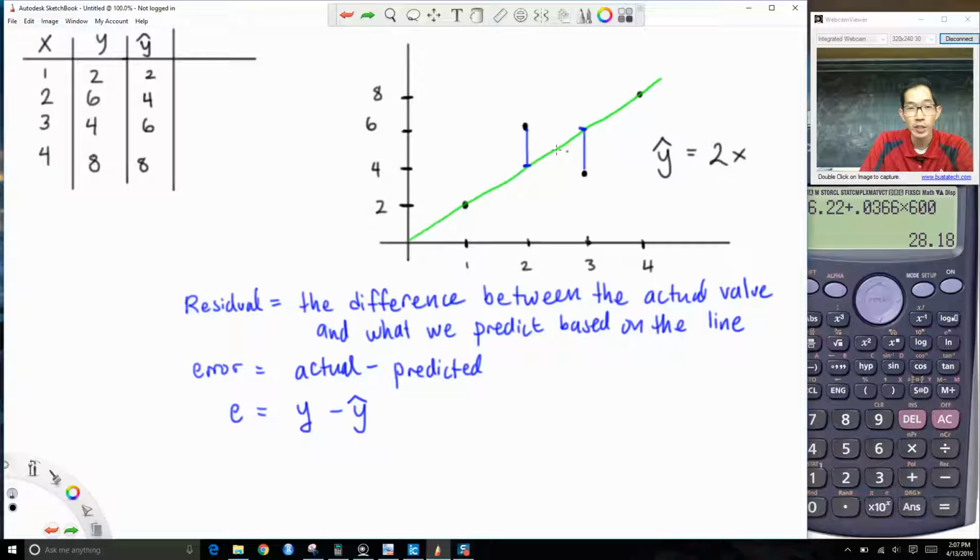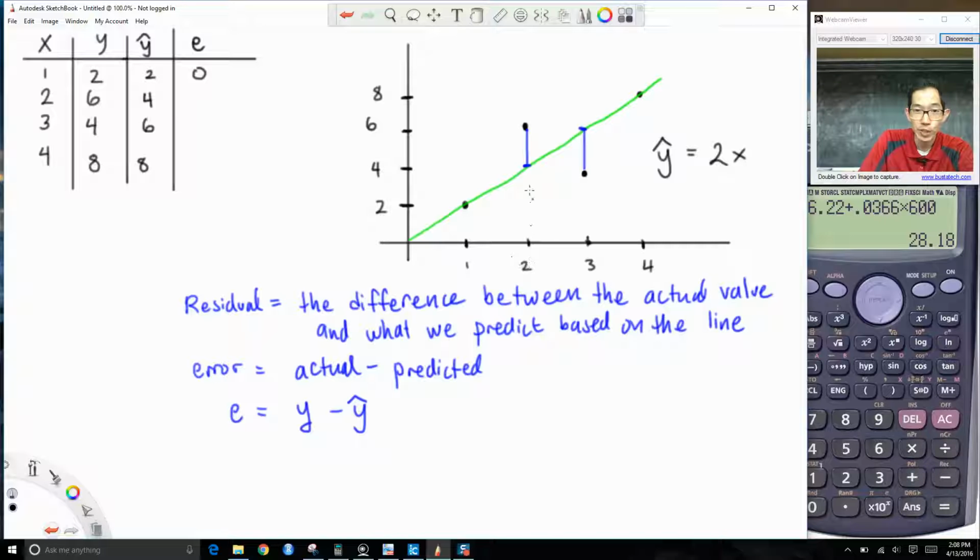So if e is the difference between y and y hat, which is the symbol we use for residual, it's going to be 0 for this first data point, because our prediction is right on our prediction line. We have a difference of 0.